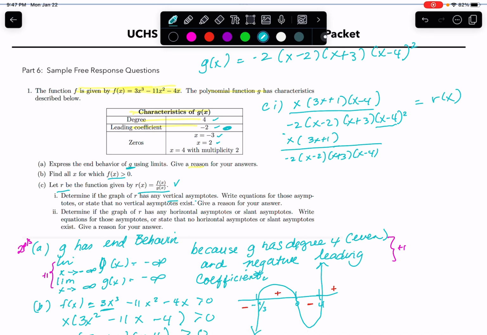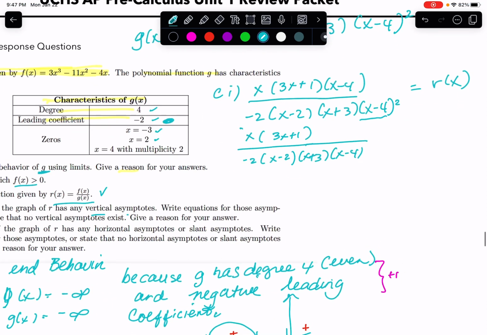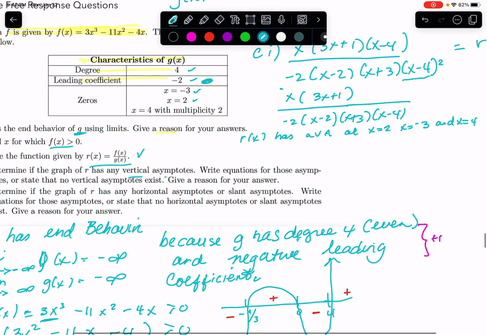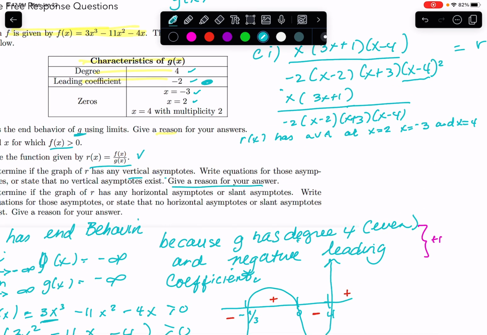So I've got 3 different asymptotes, so I have got to write that. So r of x has a vertical asymptote at x equals 2, x equals negative 3, and x equals 4. And now it says, give a reason for your answer.